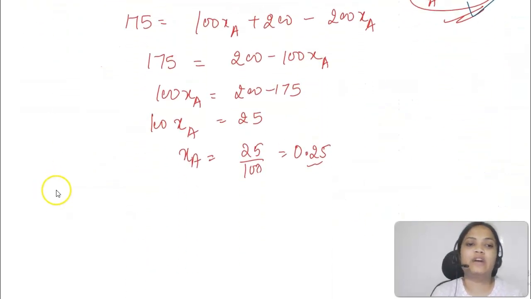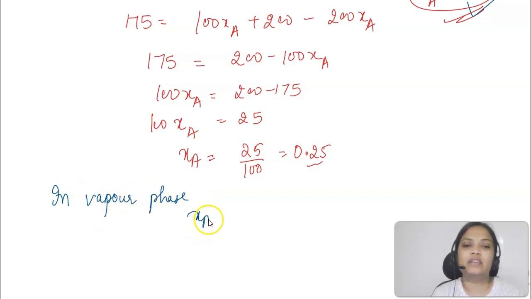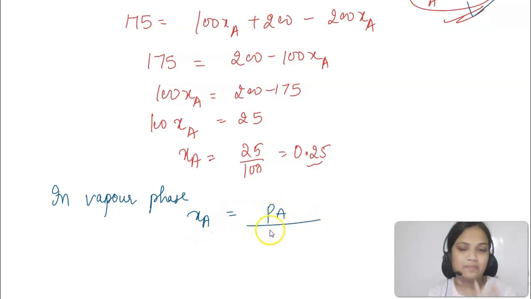Because I need to find the mole fraction in vapor phase. In vapor phase, the mole fraction is directly proportional to the partial pressure. So in the case of vapor phase, it will be PA upon P total, which is PA plus PB.